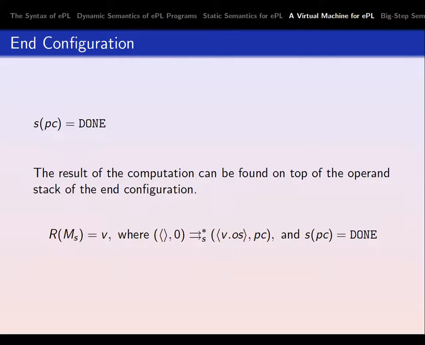And we're saying that if from an initial state of an empty operand stack and a program counter having a value of 0, being on the first instruction of the program, we transition to a state that has a value v at the top, and the instruction indexed by PC is done, then the value computed is v. Okay, clear?